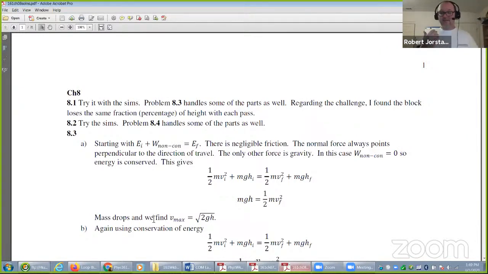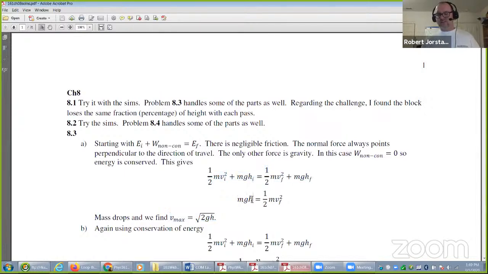This is a different way of doing calculations that requires almost no vector math. The only time you have to do vector math is when the work non-conservative equals something other than 0. So for a large number of problems, we don't have to do any vectors and we can get speeds super fast. It's amazing.